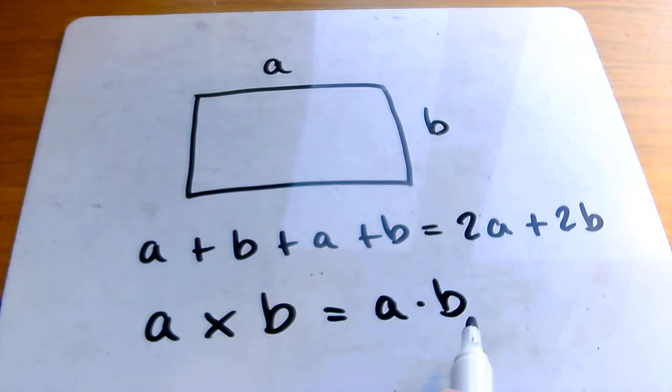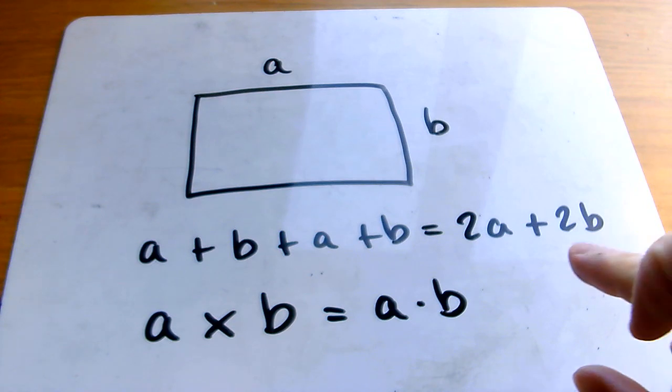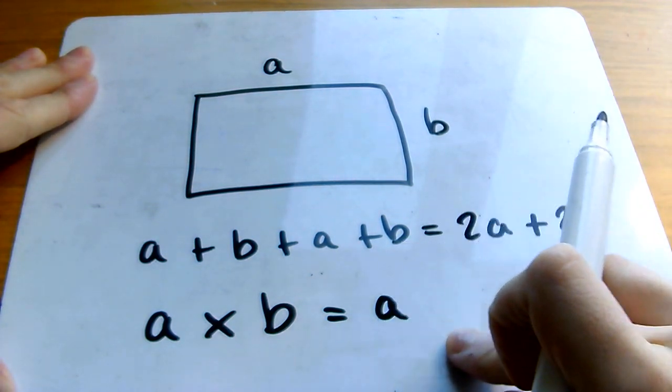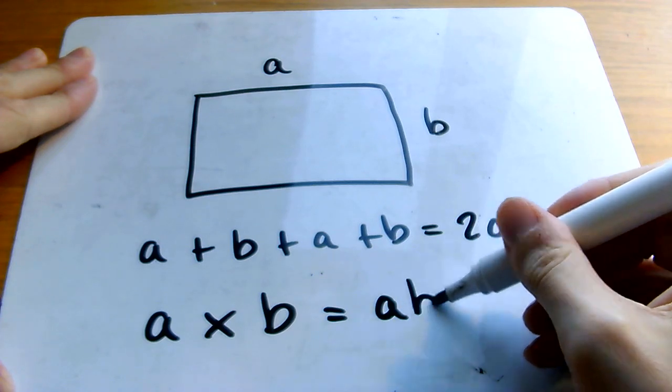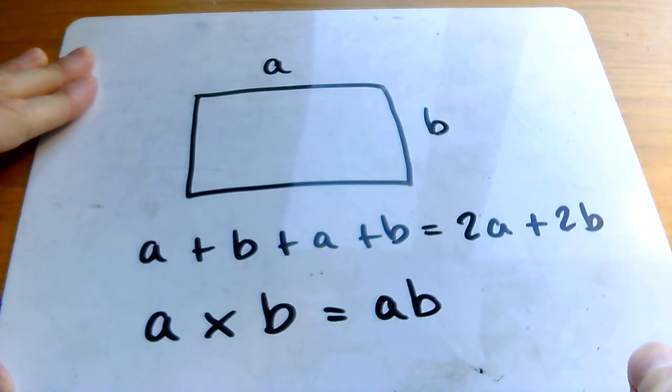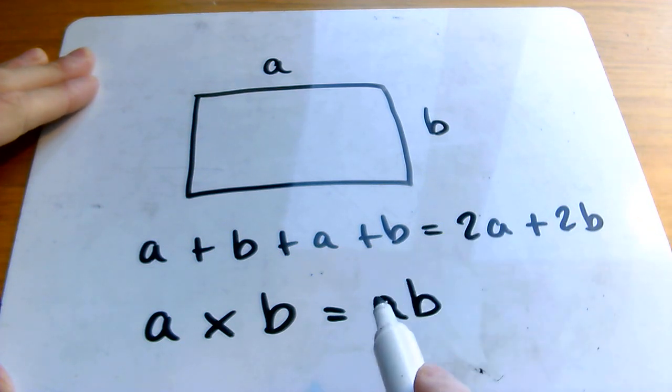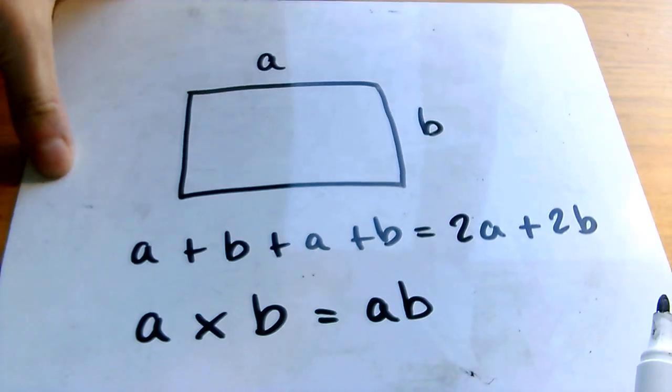It's just a lazier way of writing A multiplied by B. But you can get even lazier than that, and what we're going to be doing is just writing AB. So A multiplied by B is written as AB in maths. So this just means that multiplied by that. You could write it the other way around, BA, but it's normal to write it in alphabetical order. So we'll see how that works with some other examples.